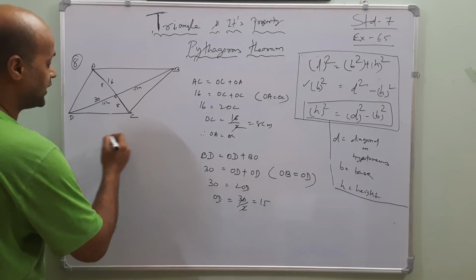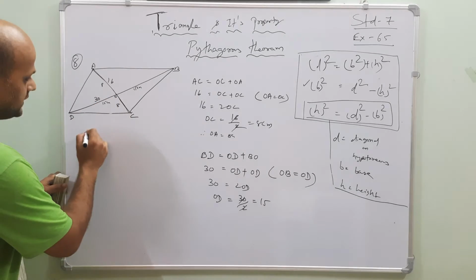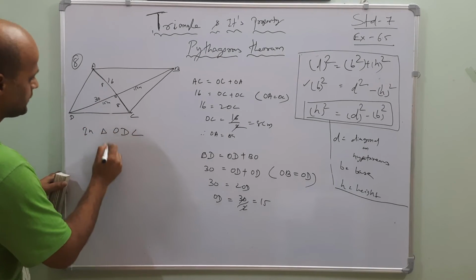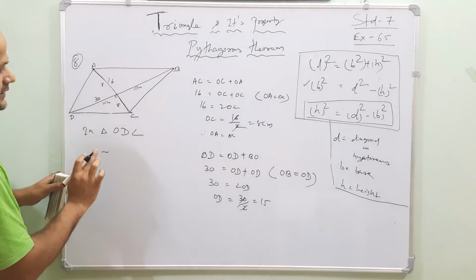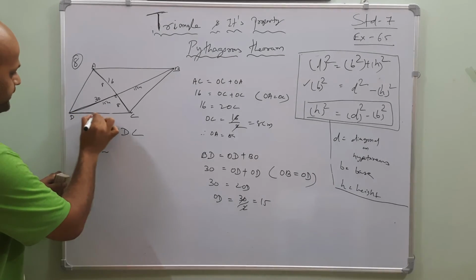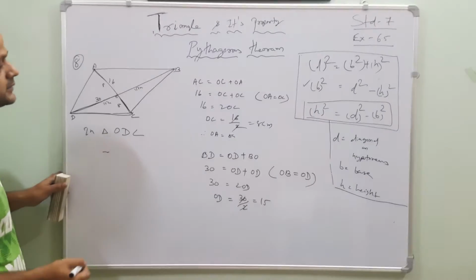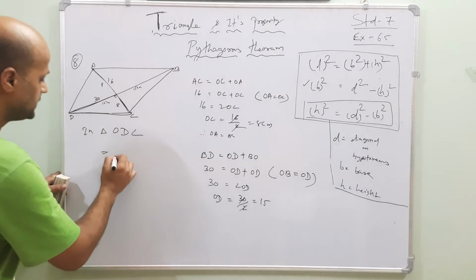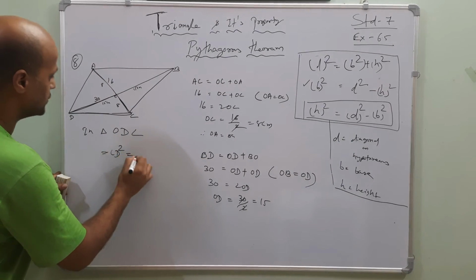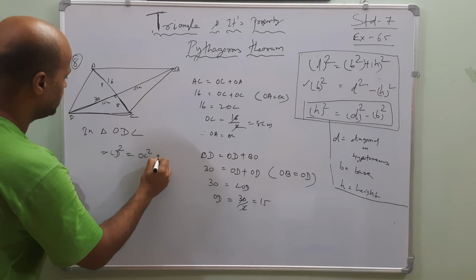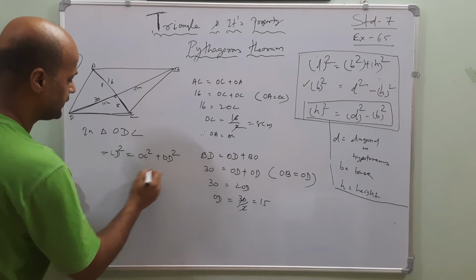Now what you have to do? Take any triangle, ODC. Now tell me, can you find the side? CD square is equal to OC square plus OD square.